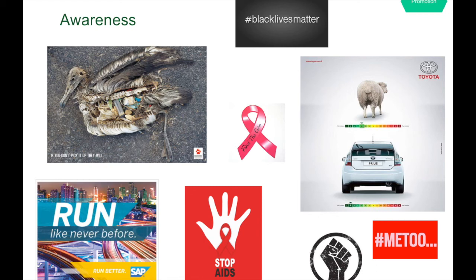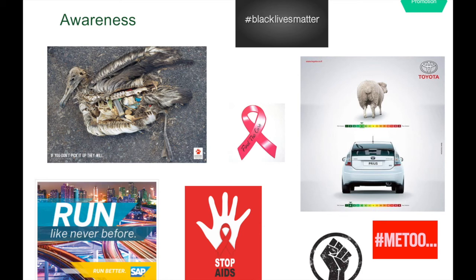Then all the activities for cancer, they use this red ribbon as an indication. That's also one way of creating awareness, and maybe long-term people remember over and over again that the problem is not finished.